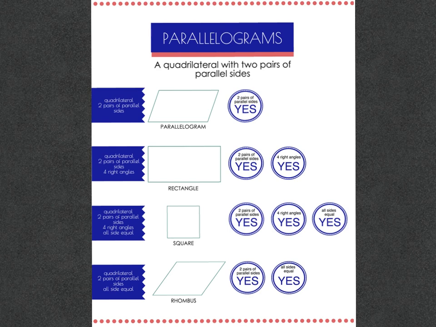So all four of these, a parallelogram, a rectangle, a square, and a rhombus, are all parallelograms, okay? A rectangle and a square have to have four right angles, and a rhombus and a square have to have all their sides equal. So those are the differences between them. And if it helps you to look at this chart a little longer, feel free to pause me and check it out.